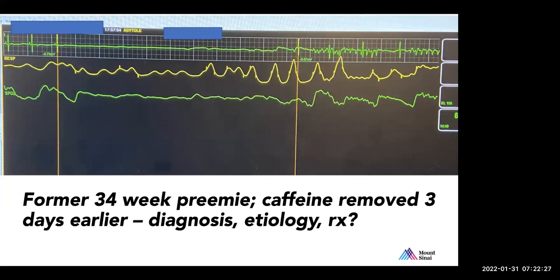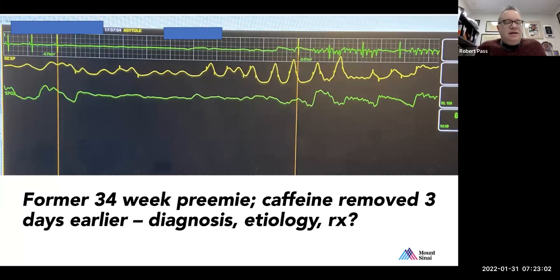Sorry, I was muted. I remember this patient from our service actually, and our idea was, since these pauses became more prominent after the caffeine was removed, we suggested restarting the caffeine. And in regards to regurgitation or reflux, we can adjust the feedings in a way that would not let the baby have more reflux.